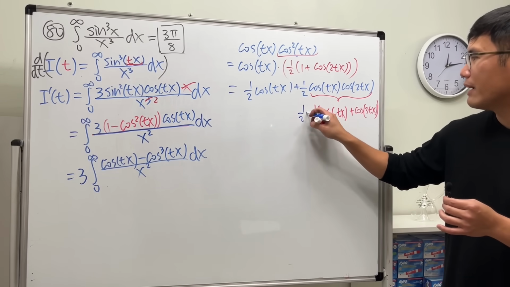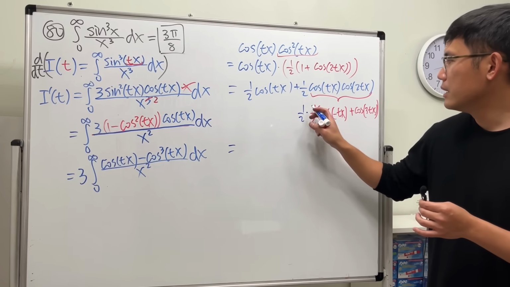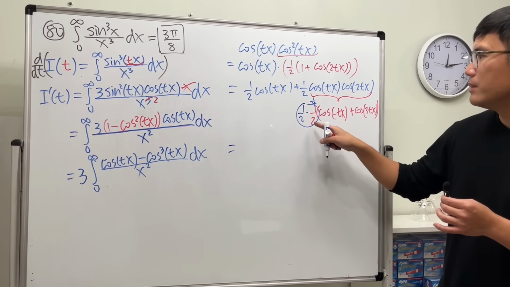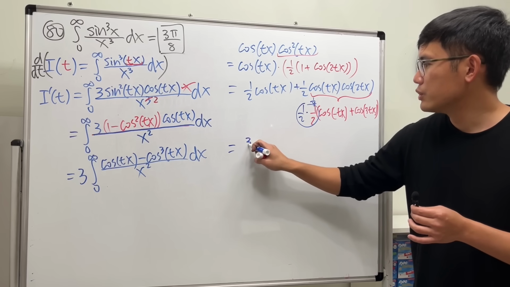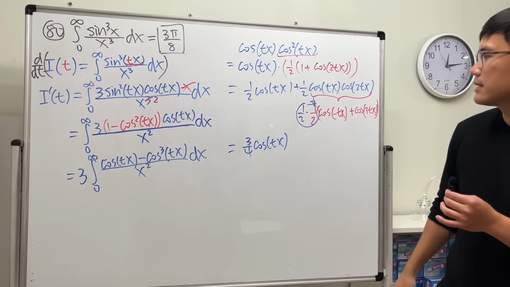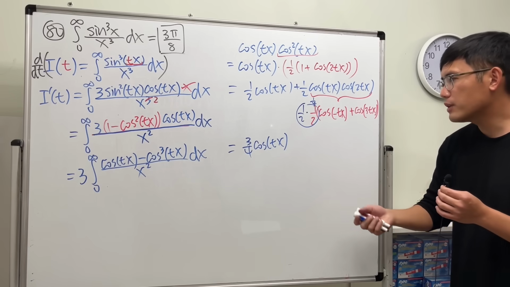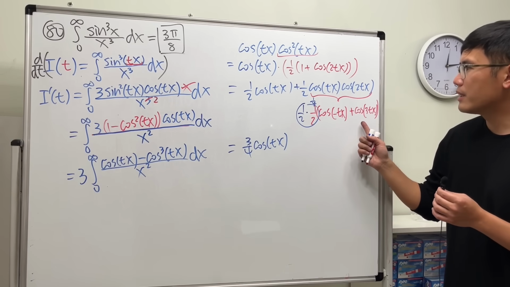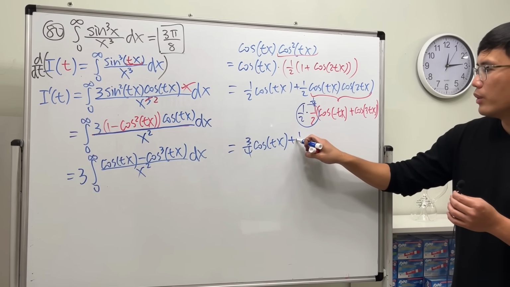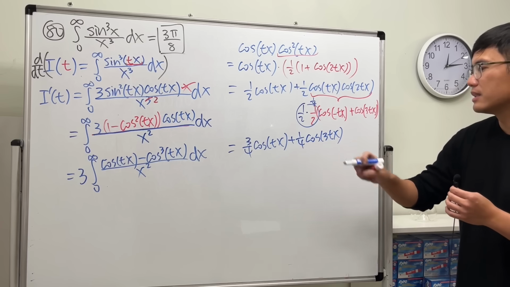We have that 1/2 right here, so this is 1/4. So 1/4 plus that is 3/4, and then we have cosine of tx, because this right here is the same as cosine of negative tx thanks to cosine being an even function. And then this thing right here is 1/4 times that, so it's plus 1/4 cosine of 3tx.